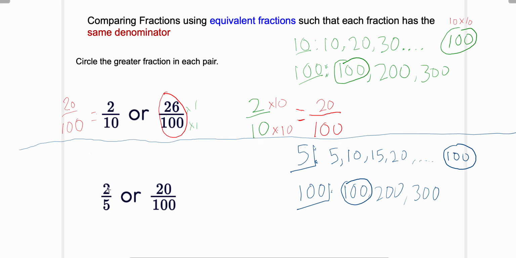So 2/5, I'm going to convert it into hundredths. So I'm going to rewrite 2/5 right here. 2/5 equals an equivalent fraction with a denominator of 100.